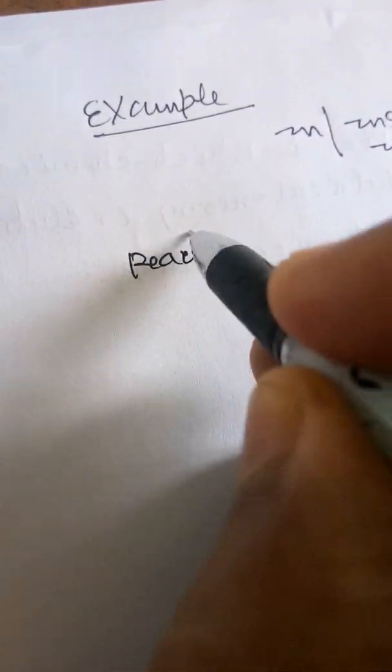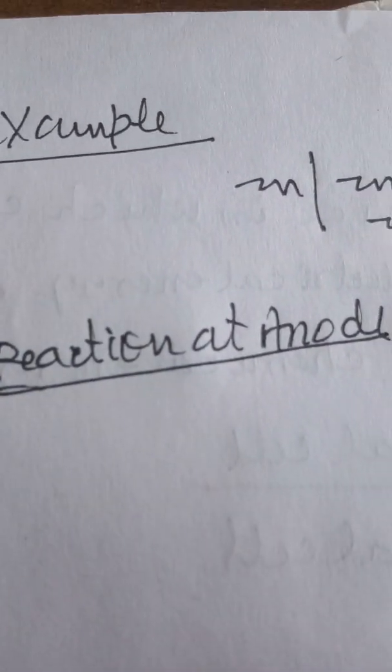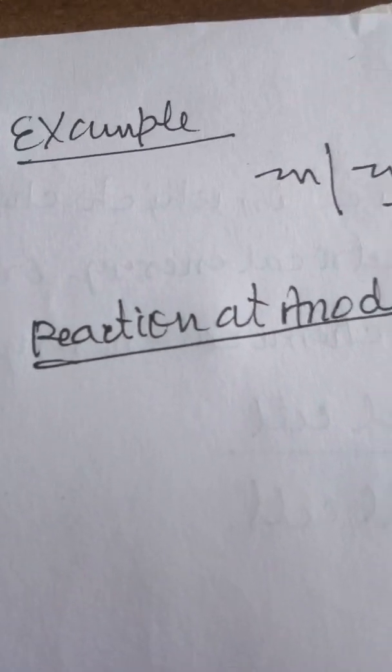First of all we shall consider the reaction at the anode. Commonly we know that there is oxidation at the anode and reduction at the cathode.